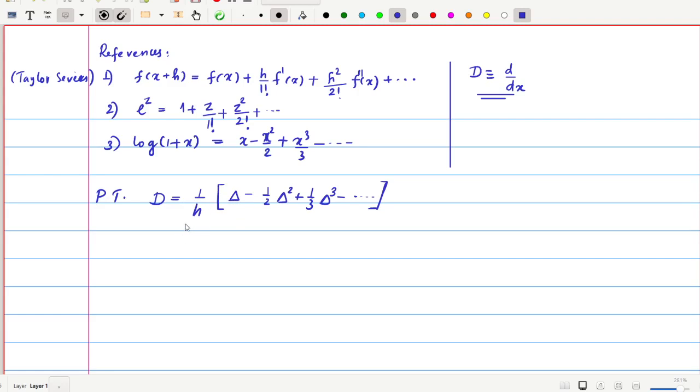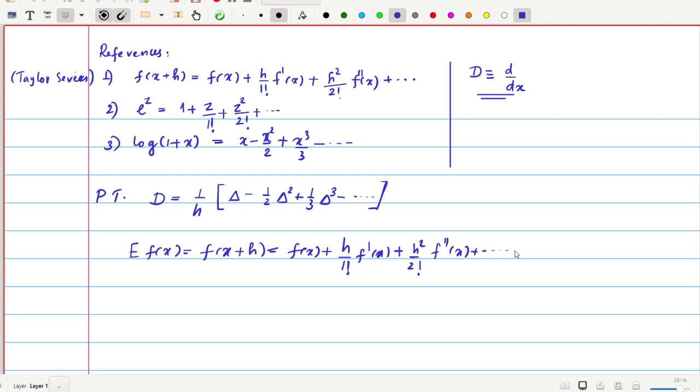Okay. For this we start with the shift operator E of f of x. This is defined as f of x plus h. Using the Taylor series expansion of f, you can replace this f of x plus h by f of x plus h by 1 factorial f dash x plus h square by 2 factorial times f double dash x plus etc. And you can replace this f dash x by D of f of x.